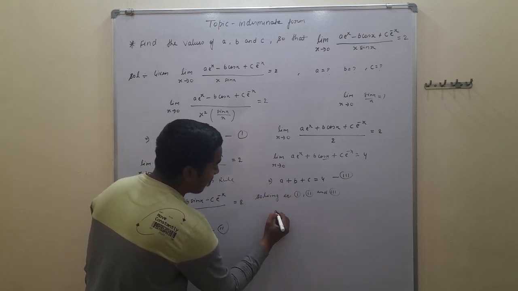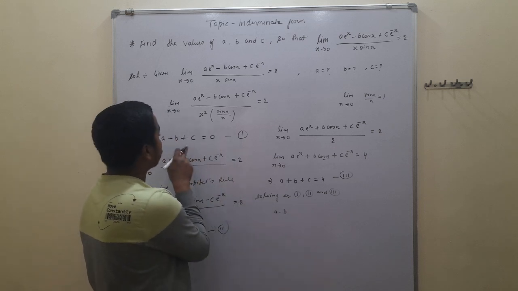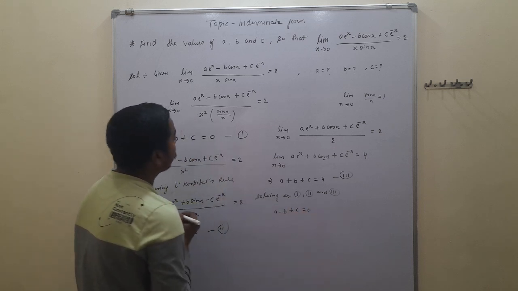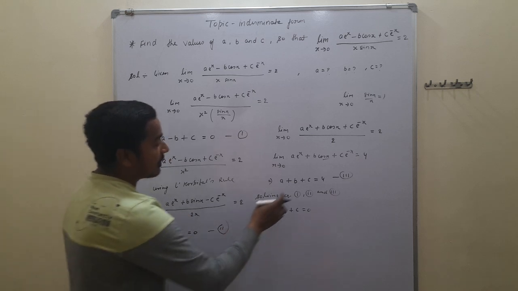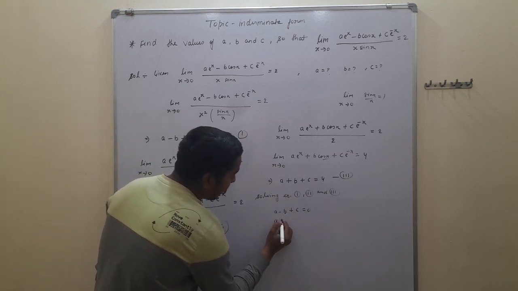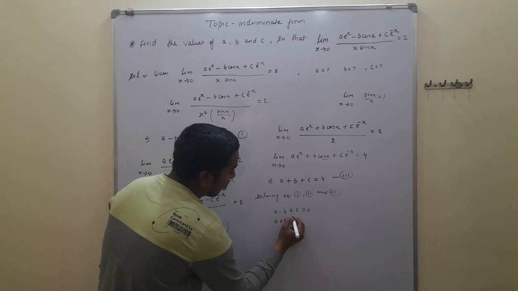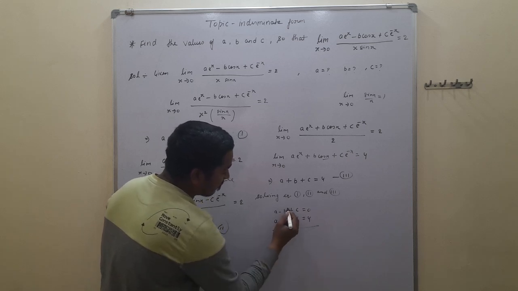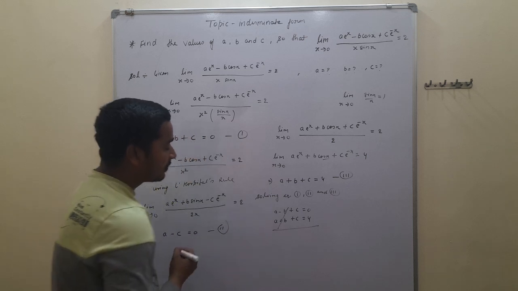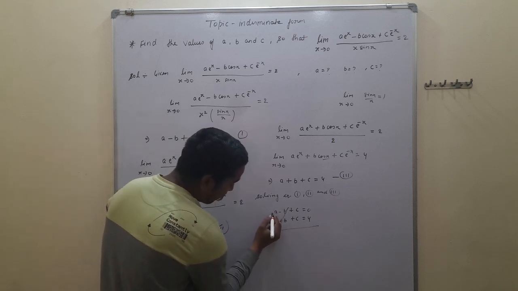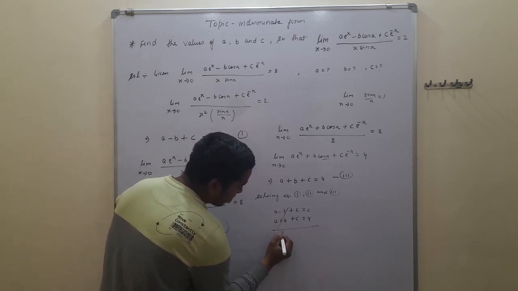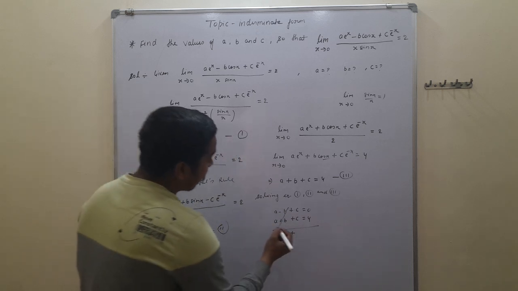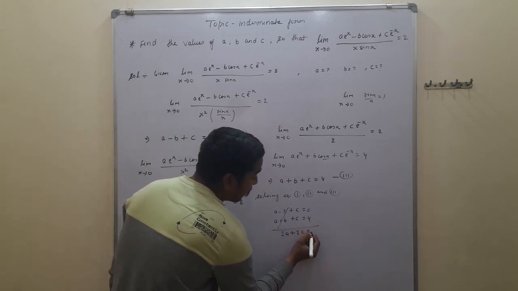Equation first is a minus b plus c is equal to 0, and equation third is a plus b plus c is equal to 4. Adding, minus b and plus b cancel out, and a plus a gives 2a, and c plus c gives 2c is equal to 4.